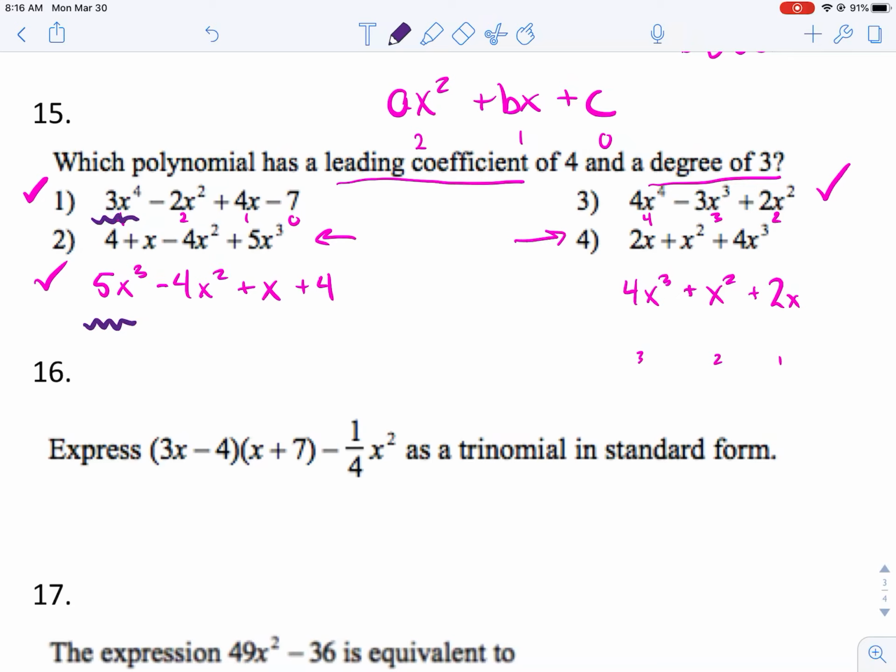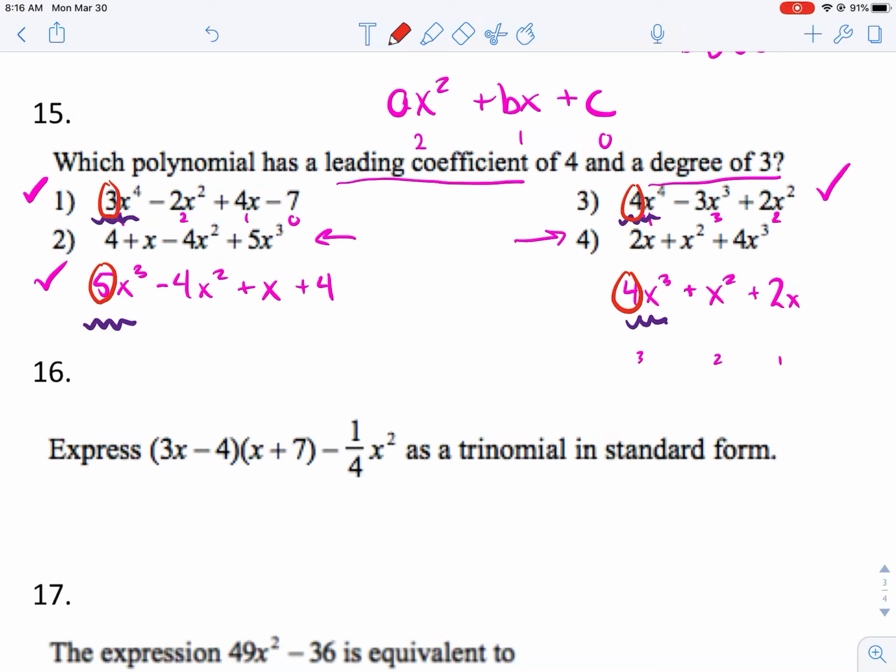All right, so leading coefficient of 4, what that means is the first term, when in standard form, you're looking at the first term, so it has to be in standard form first. And then that number that appears in front of that highest degree measure.